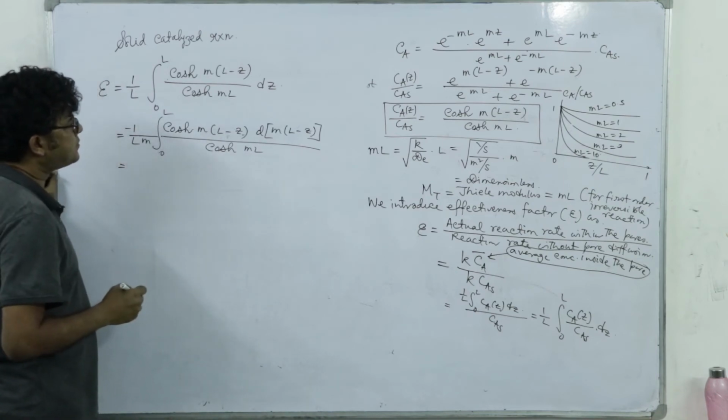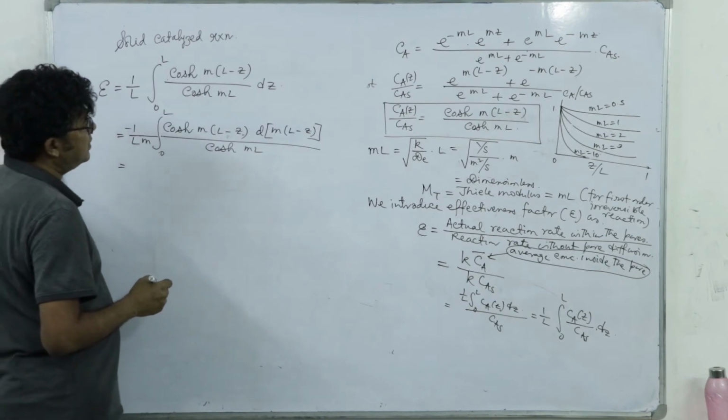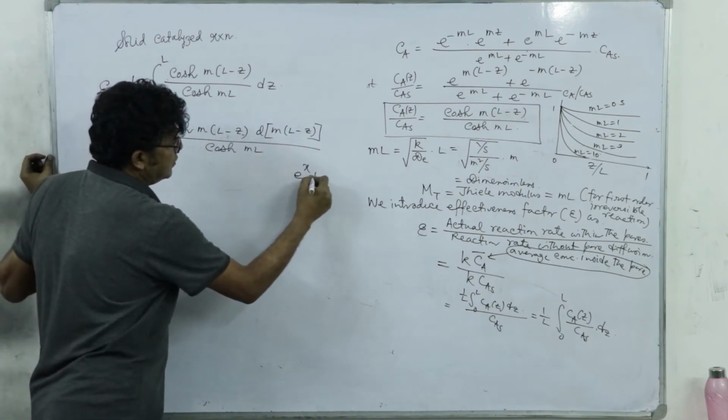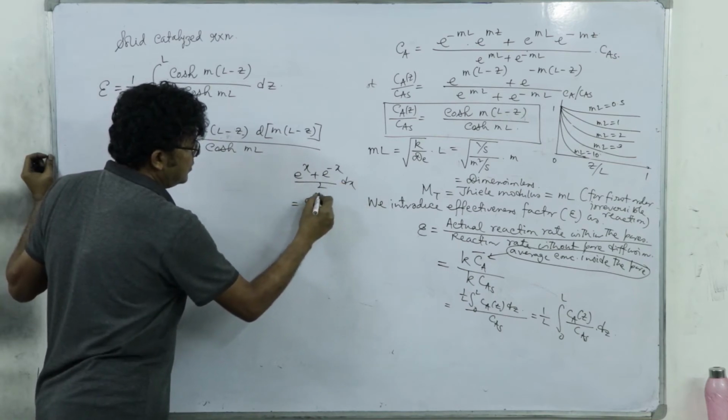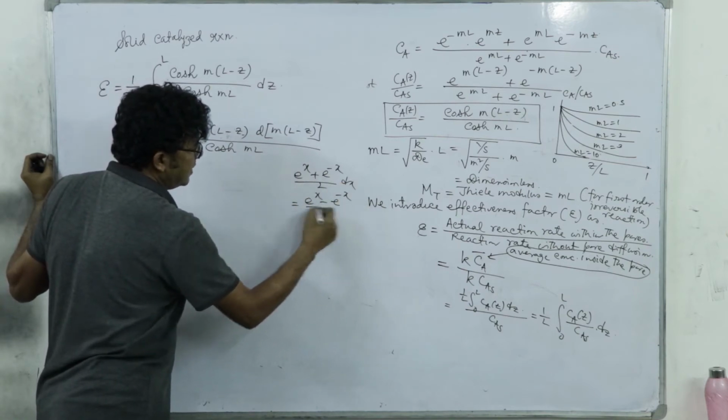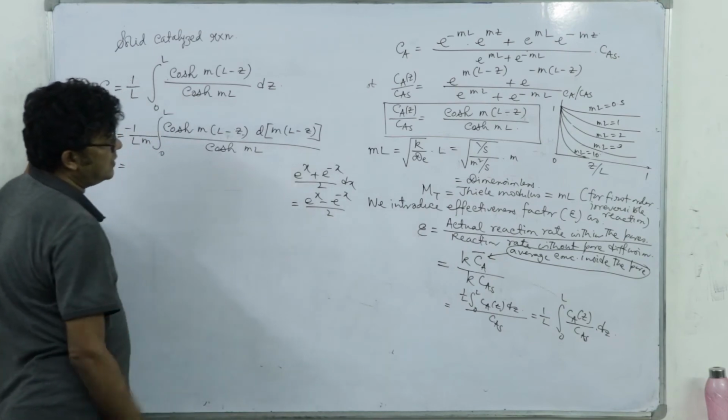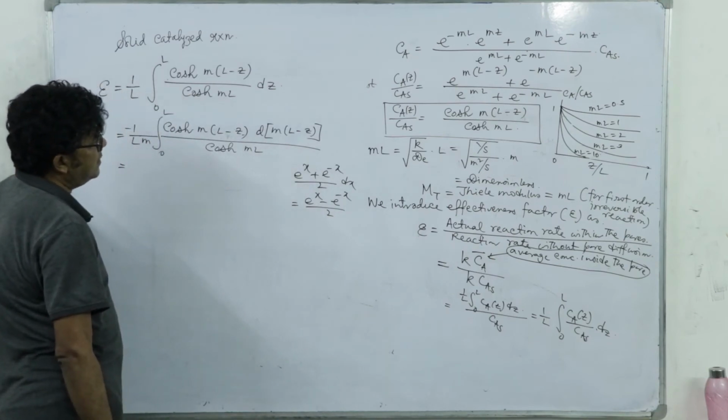So, this will be, see, integration of (e to the power x plus e to the power minus x) by 2 dx equal to (e to the power x minus e to the power minus x) by 2. So, it will be sinh, right. Cosh integration will be sinh.